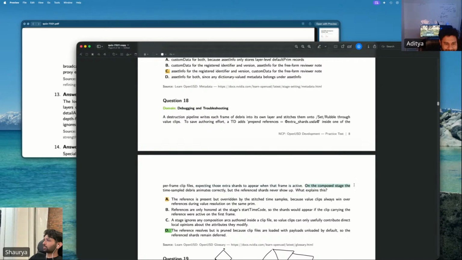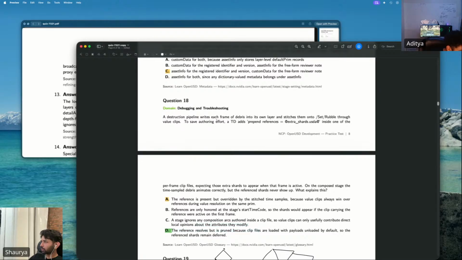On the composed stage, the time sample debris animates correctly, but the referenced shards never show up. What explains this? A stage ignores any composition arcs authored inside clip files, so value clips can only usefully contribute direct local opinions about the attributes they modify.